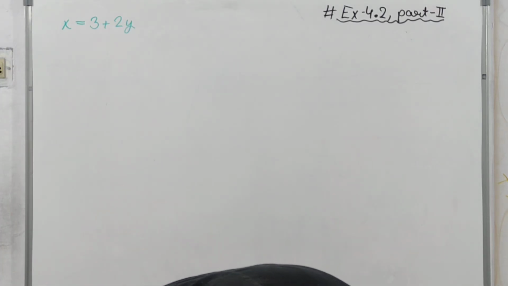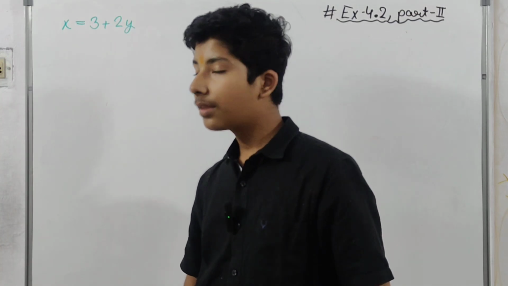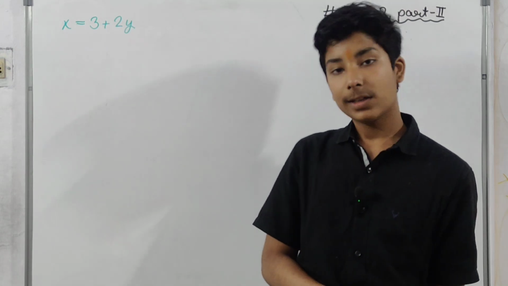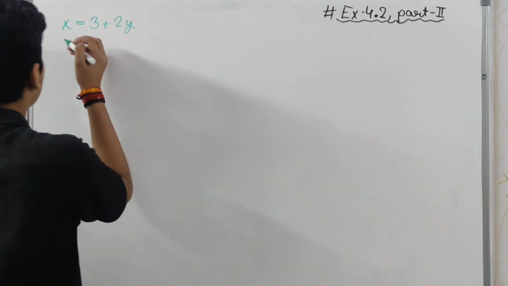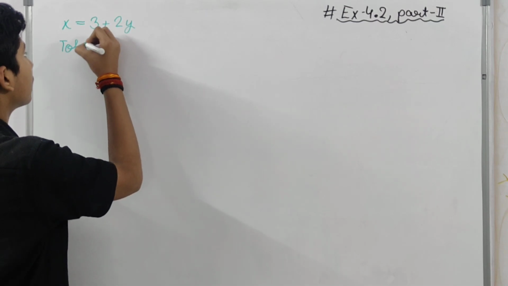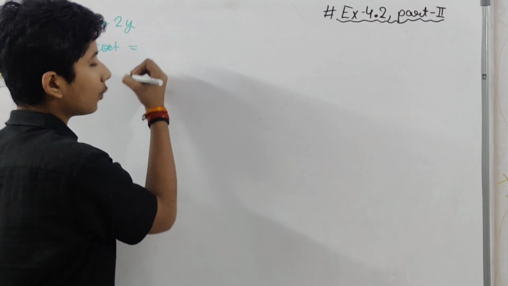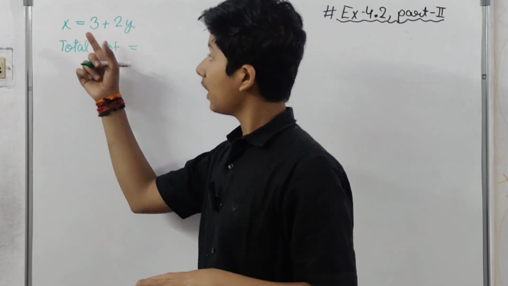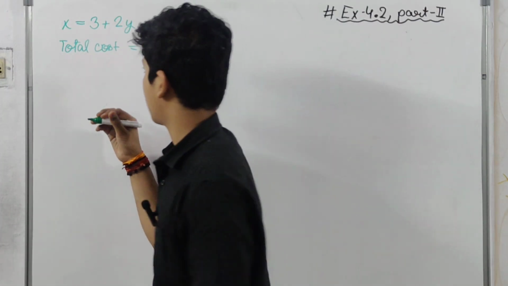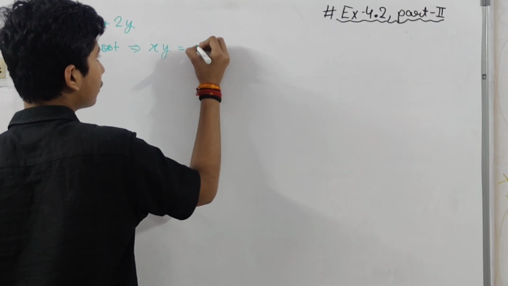The cost of each article was 3 more than twice the number of articles produced, and the total cost can be found out by the number of articles produced into the cost of each article, means xy, which equals 90.